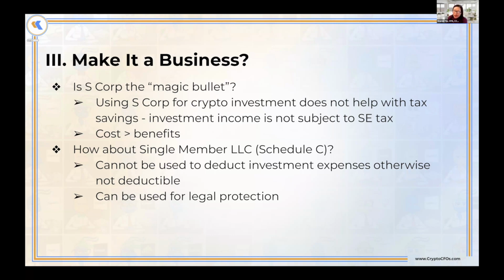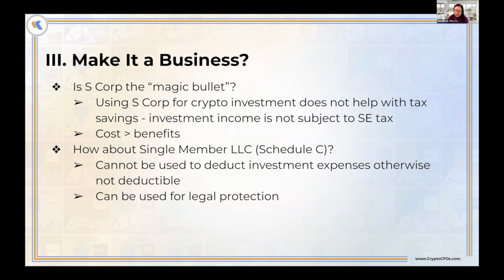Why? Because an S corp is a pass-through entity, and investment income is not subject to self-employment tax, as you know. There's really no tax saving for doing investment in crypto when you compare doing it personally or by using an S corp.